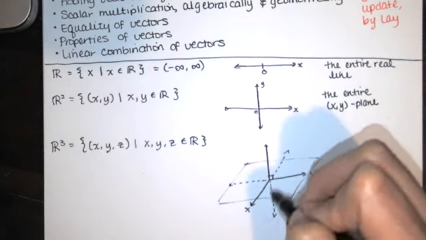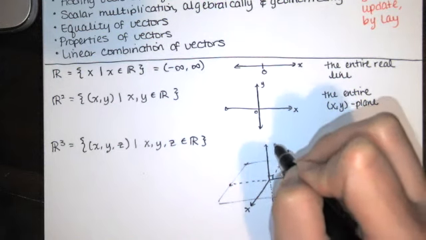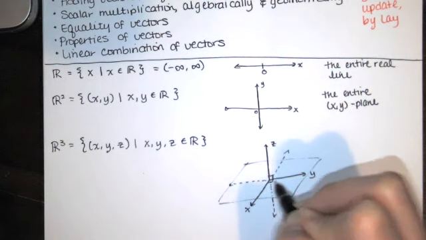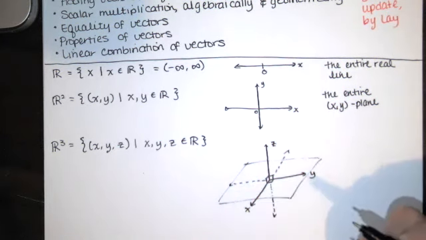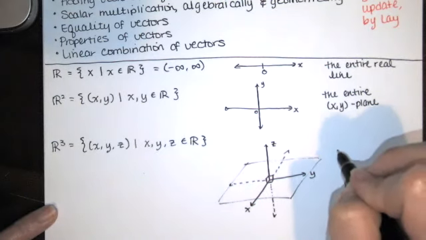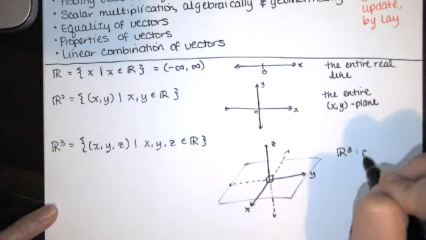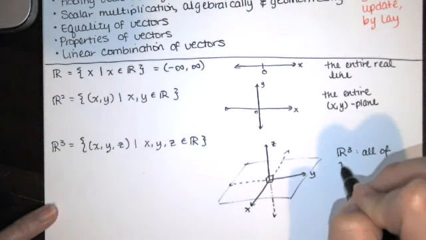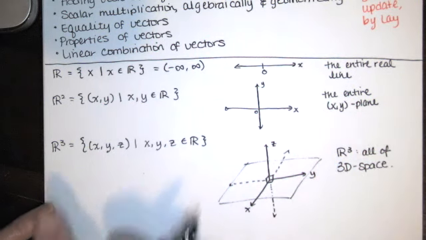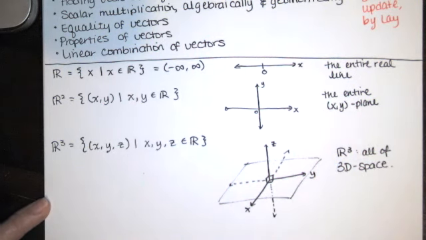So the negative z-axis is below the plane, the positive z-axis is above the plane, and all three of these axes are perpendicular to each other. This is three-dimensional space. And we denote it by R3.